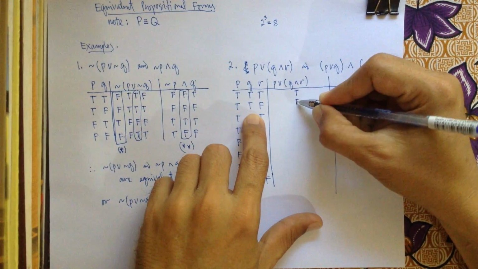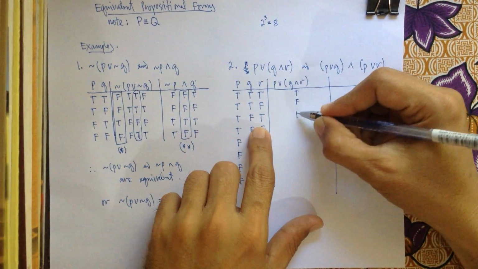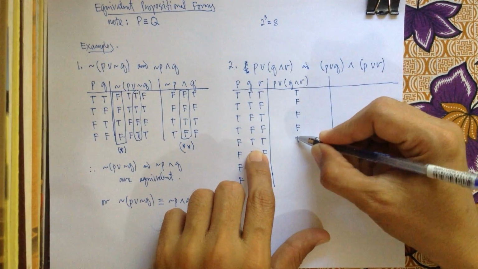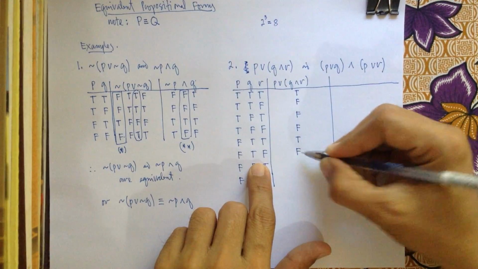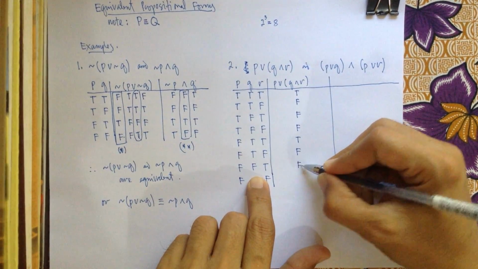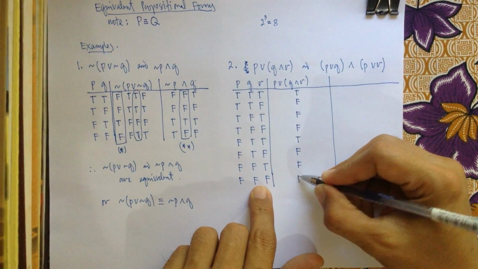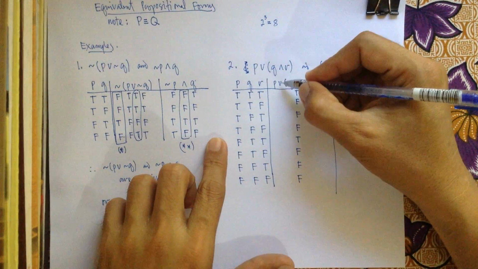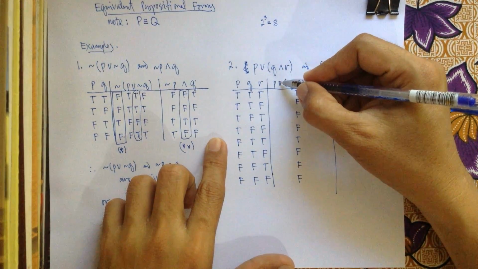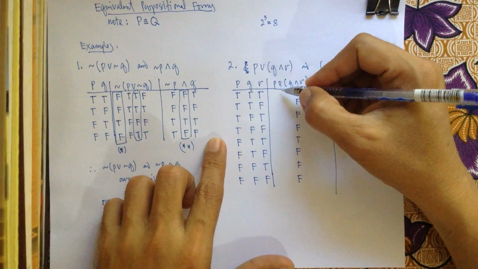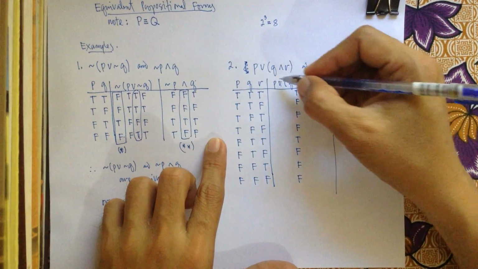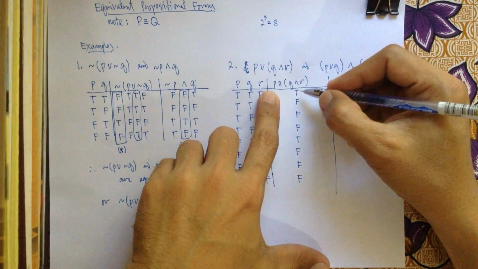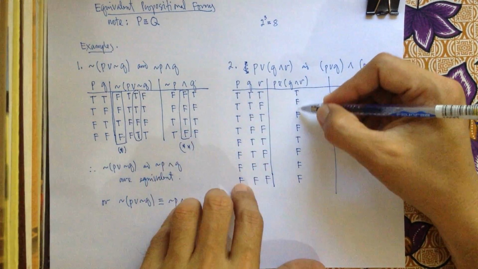This is false, this is false, this is false, this is true, this is false, this is false, and this is false. Then for this connective, we write the final column for this statement, combining P and the truth value of Q and R.